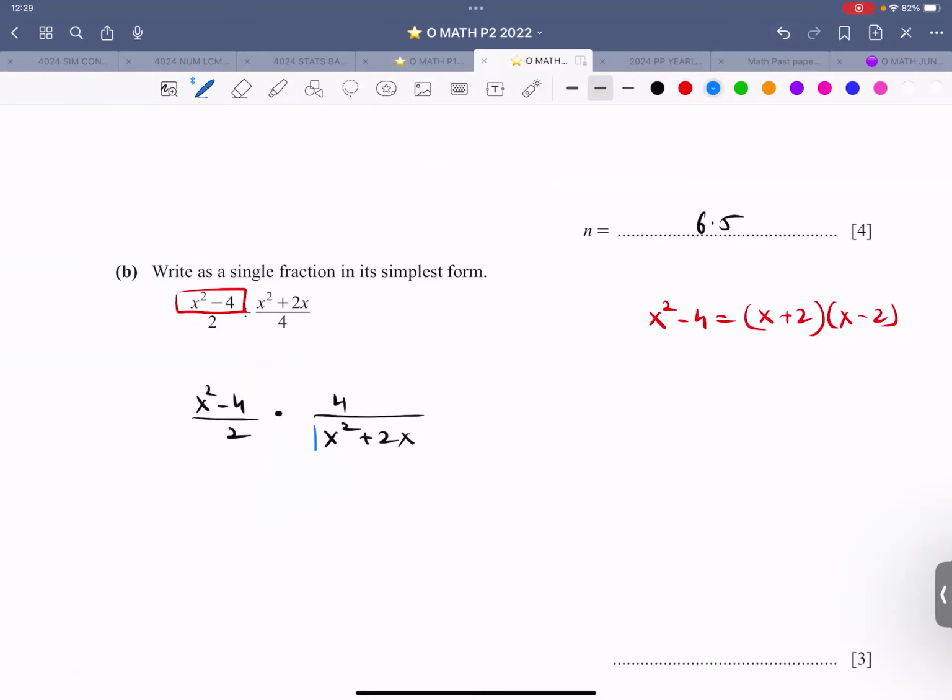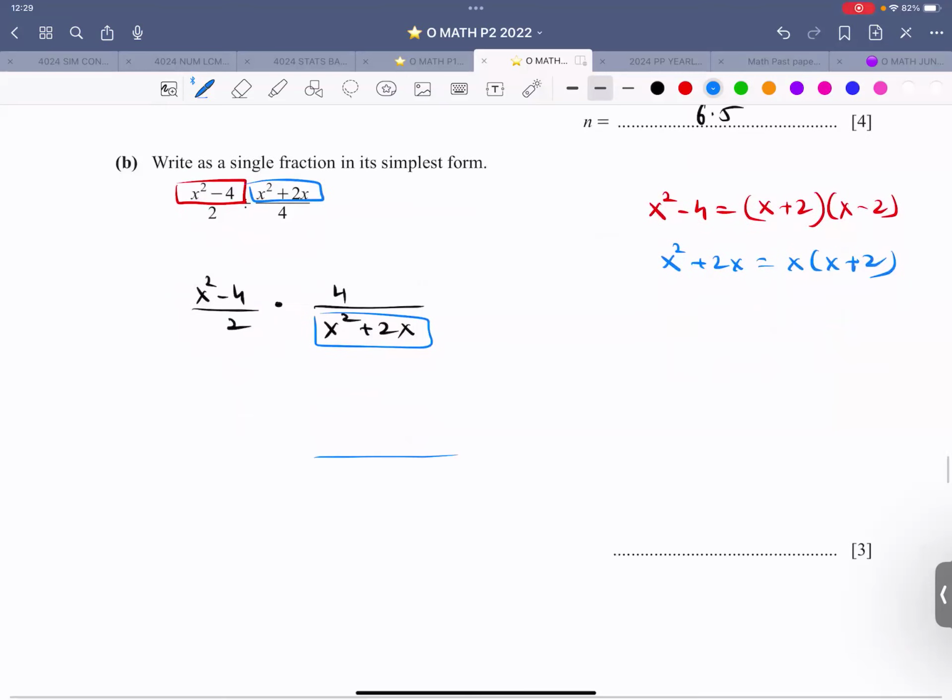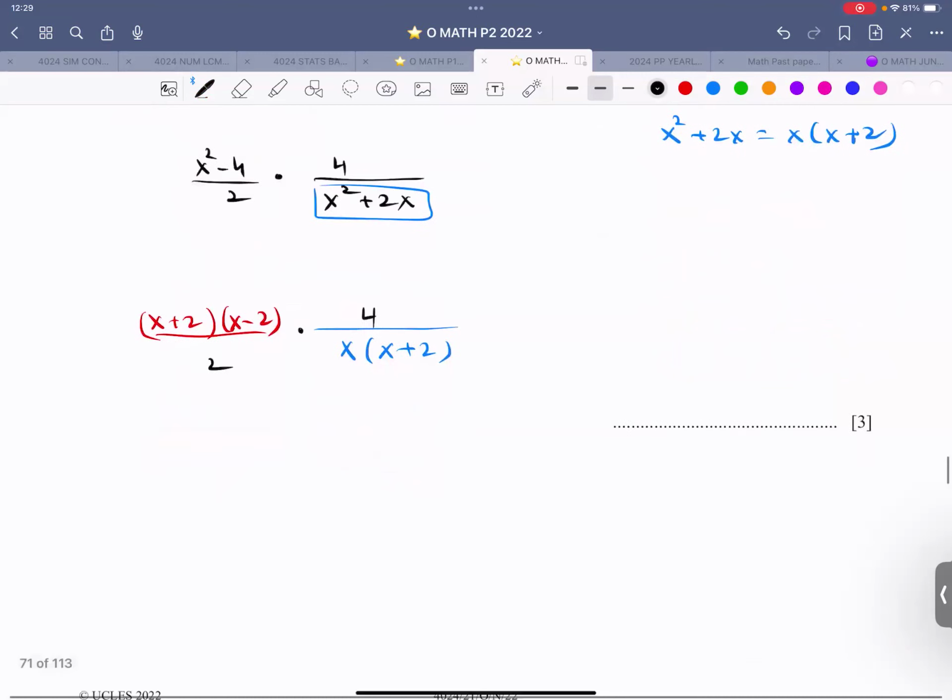Then x squared plus 2x is x times x plus 2. So over here, we will write x bracket x plus 2. Over here, we will write x plus 2, x minus 2. And this 4 remains as it is, multiplication remains as it is, 2 remains as it is.